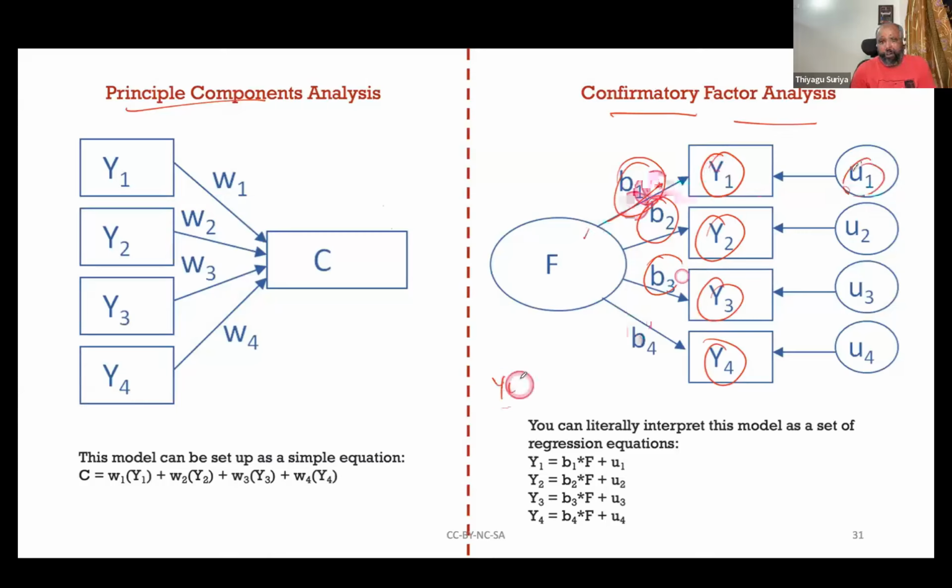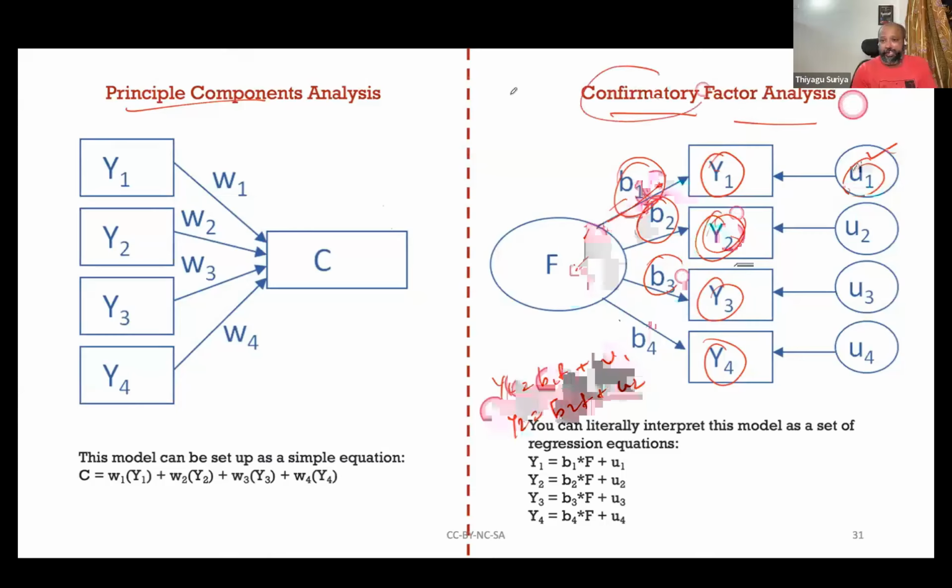Therefore, if you want to find y1, we need b1 f plus this e1 residual error. Similarly, if you want y2, we need b2 f plus e2. This is the factor analysis model.